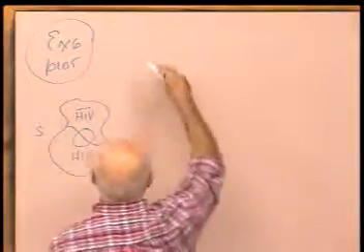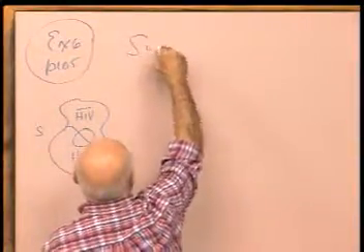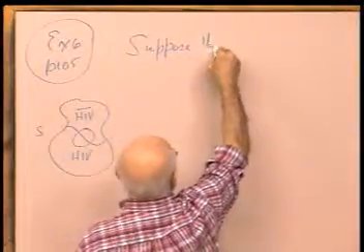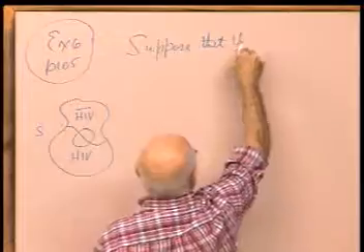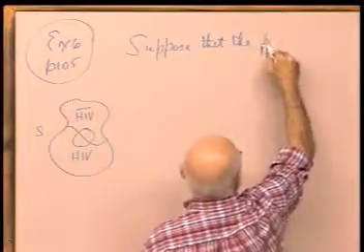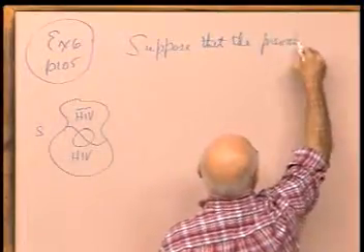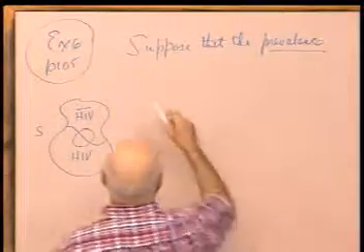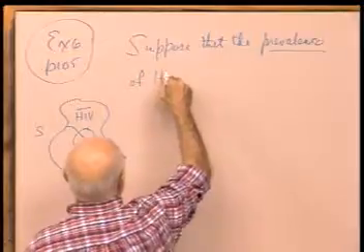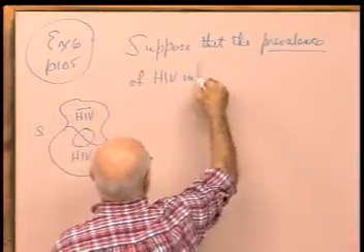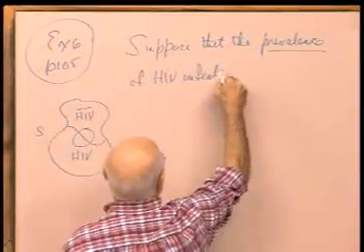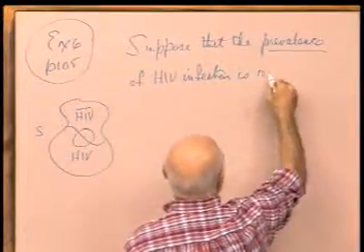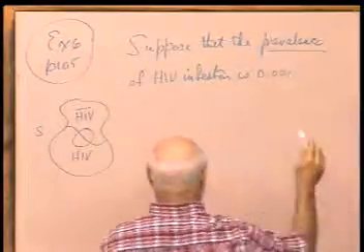Okay, so here's the formal statement. Suppose that the prevalence of HIV infection is 0.001.